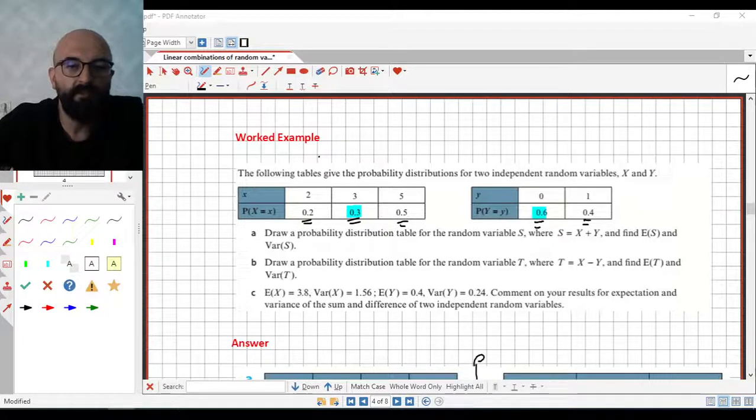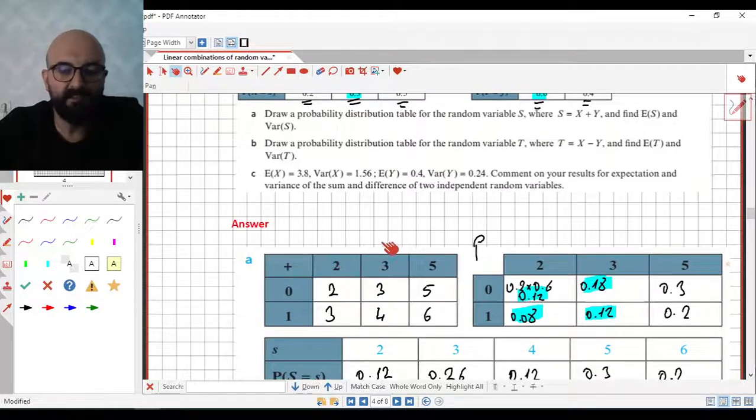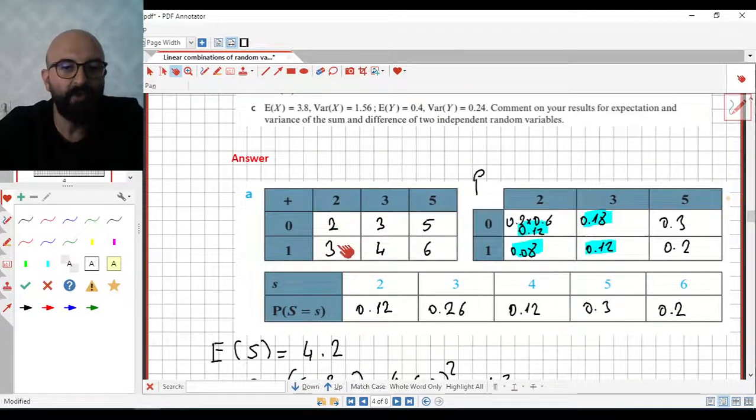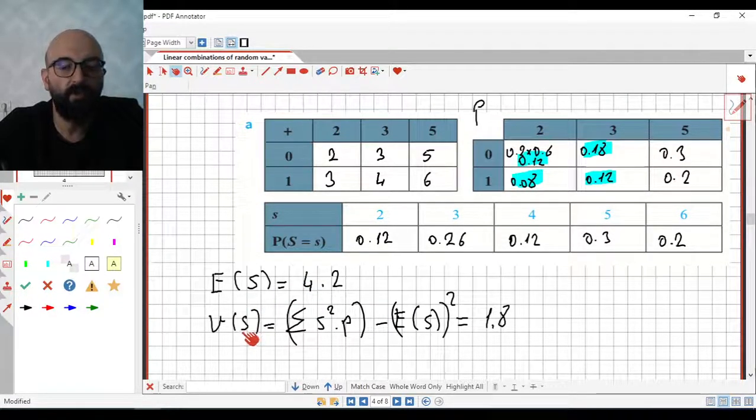So we have the x and y values and the probability of x and the probability of y, and in the last lesson we had solved the a question, and we had found the expected value of x plus y, the variance value of x plus y.